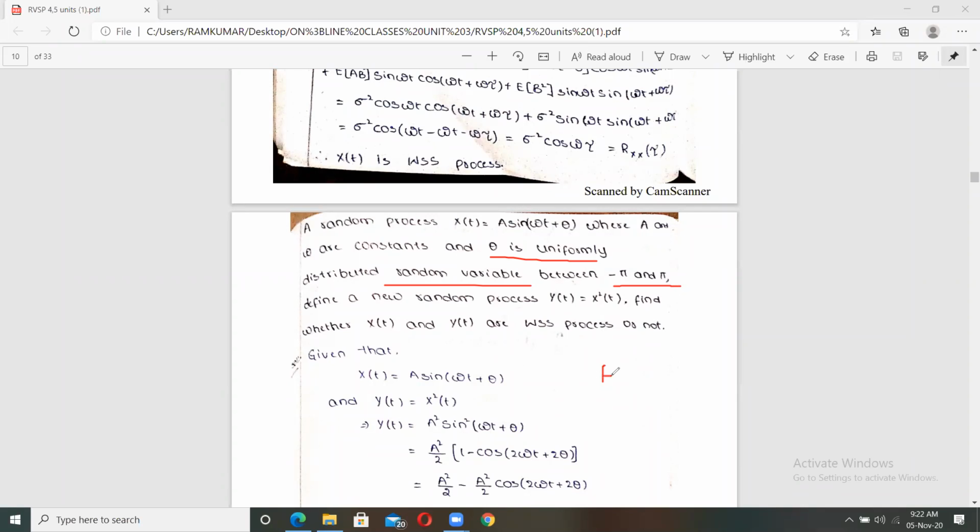F of theta equal to what is the formula for uniform distribution? The probability density function of uniform distribution.